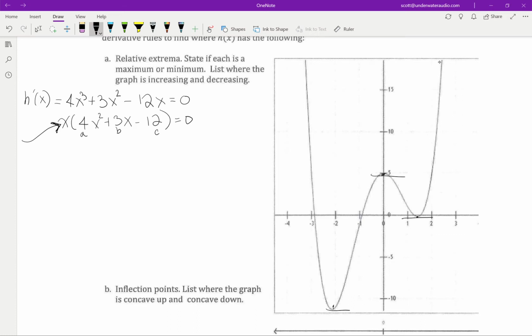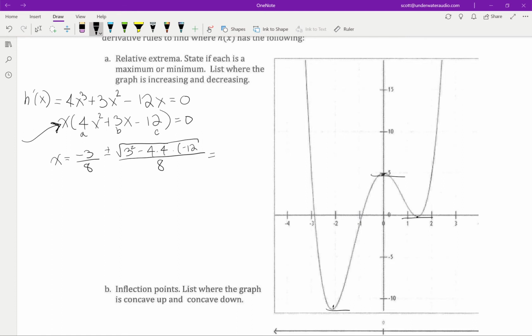So to solve this little quadratic in the middle, I'll use the quadratic formula. So x equals -b over 2 times a plus or minus the square root of b squared, so 3 squared minus 4 times a, which is 4, then times c, which is -12, all over 2 times a, which we decided already was 8.